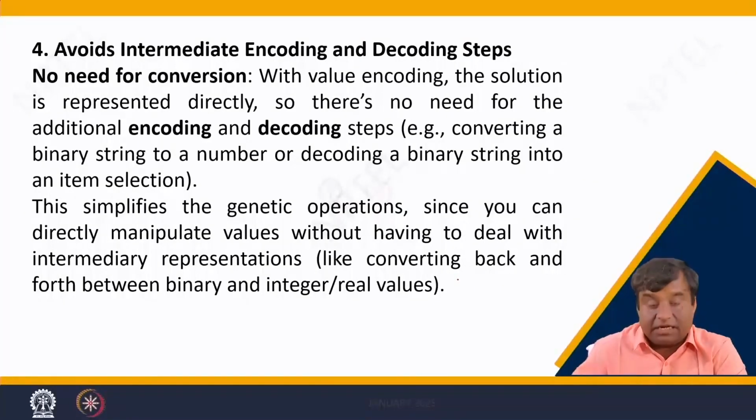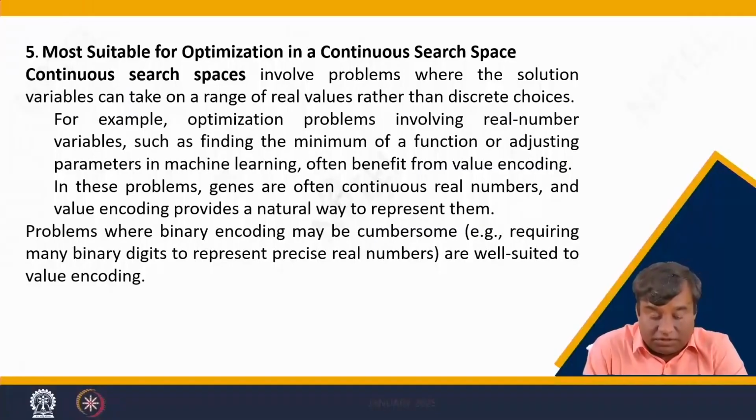This is most suitable for optimization in a continuous search space. Continuous search spaces involve problems where the solution variables can take a range of real values rather than discrete choices. For example, optimization problems involving real number variables, such as finding the minimum of a function or adjusting parameters in machine learning, often benefit from value encoding.